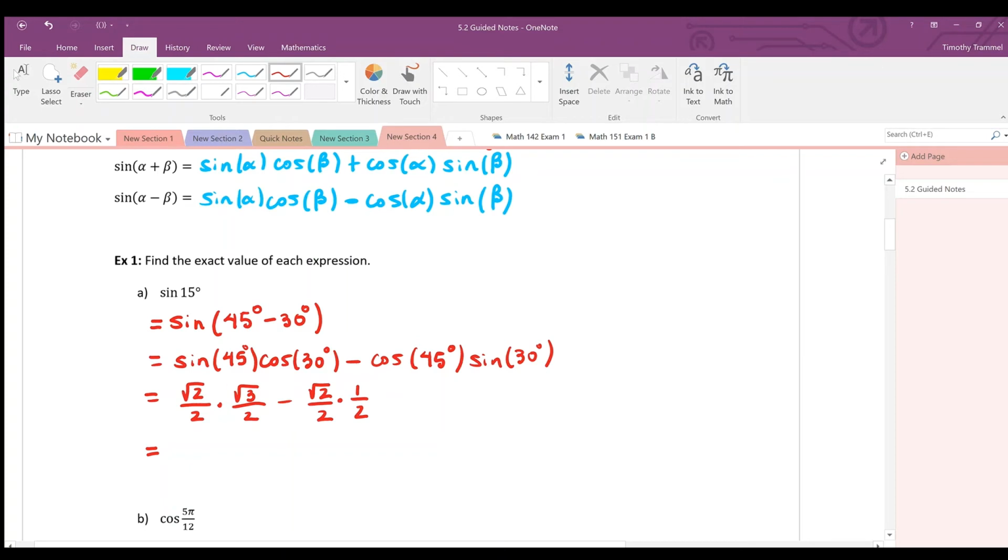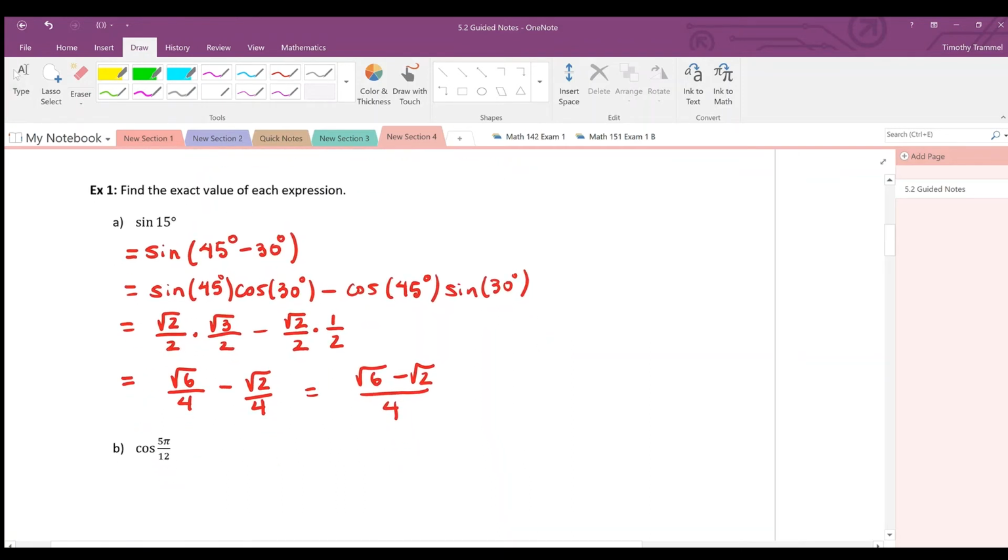If we multiply these two terms on the left, it gives us the square root of 6 over 4, and the second pair will give us minus the square root of 2 over 4. If we take that one step further, we can combine this into a single fraction. And so there is our answer.